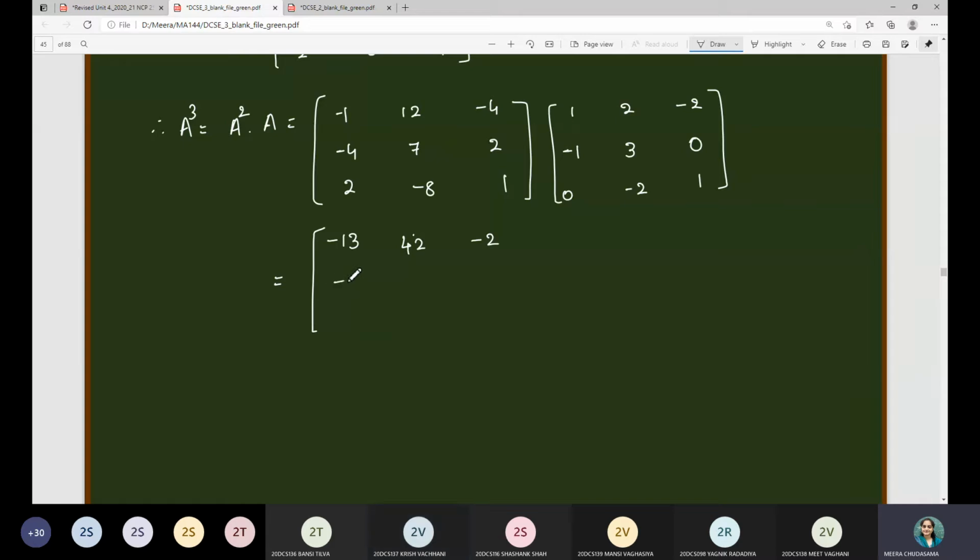Minus 11, correct. 9, correct. 10, correct. 10, correct. Minus 22, correct. Minus 3. Minus 8. Yes, so this is the correct A cube, right?